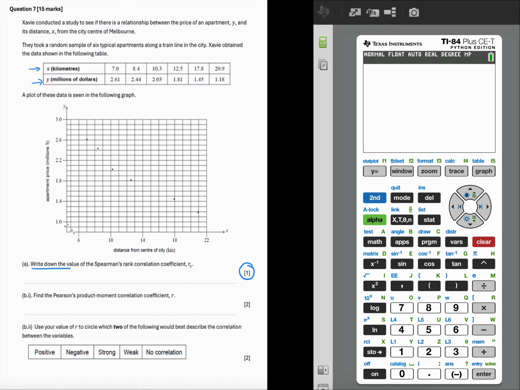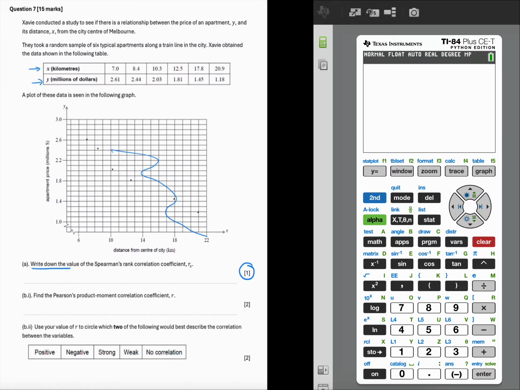So if we look at the data we've got here, you can see that it follows the same kind of level. It doesn't go up and then down, and it doesn't go back and forth.